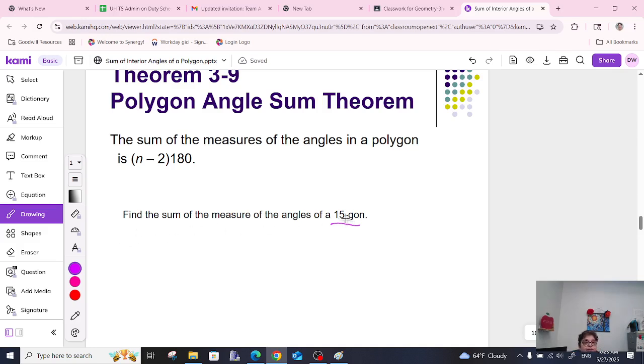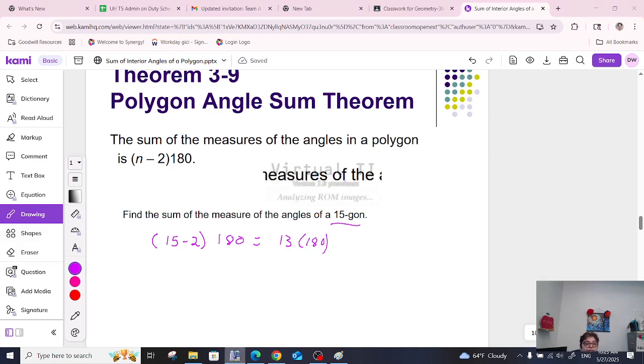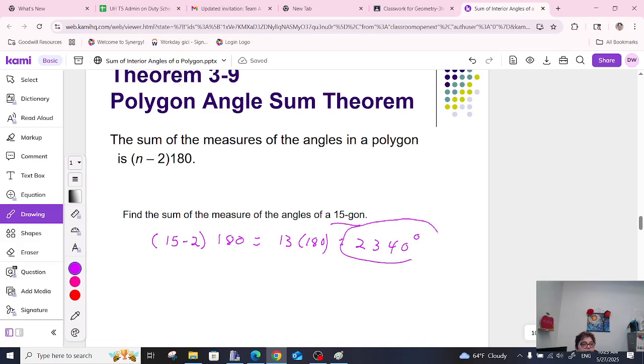So we would substitute 15 into the formula. 15 minus 2 times 180, which is equal to what? What's 15 minus 2? 13 times 180. What is it? 2,340 degrees.